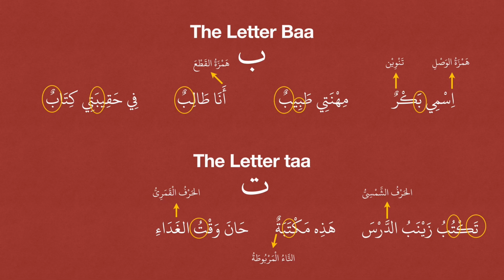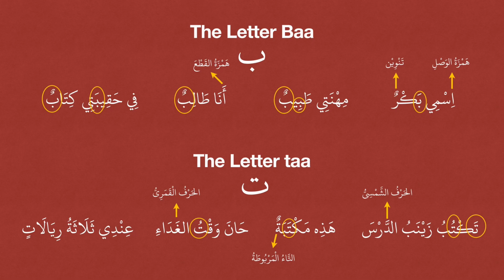If we compare it with the solar letter Dal, which we learned a moment ago, we can notice that here on this letter there is no shadda on it, indicating that in this case no assimilation is taking place and lam is completely pronounced.